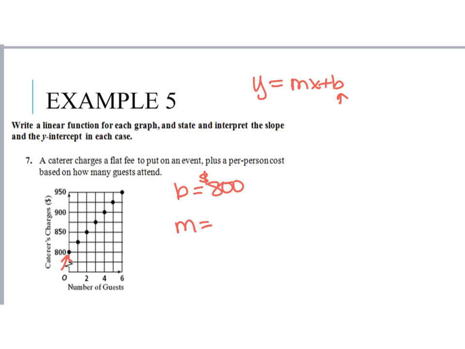So my slope, remember, I can find by going y2 minus y1 over x2 minus x1. So I just have to pick 2 points off from this graph. And to be honest with you, I'm going to use that y-intercept of 0, 800. And then I'm going to pick another point, and I'm just going to pick this very end point, which is 6 and 950.